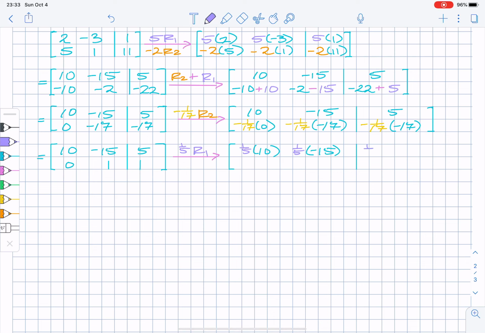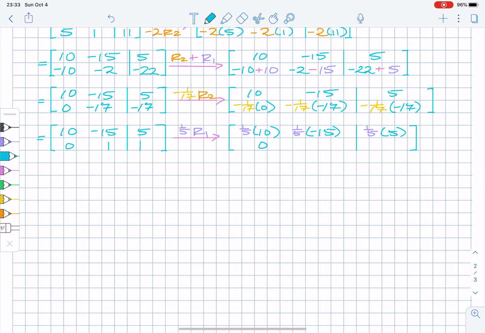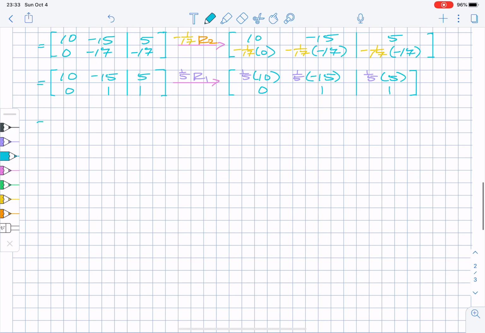We have 1/5 times 5. But the second row just stays at 0, 1, and 1. Okay, so when all is said and done, what do we get? We get 2, 0, negative 3, 1, augment, 1, 1.